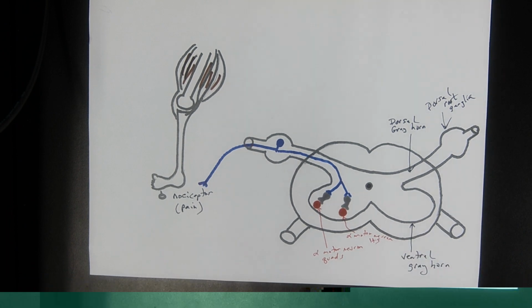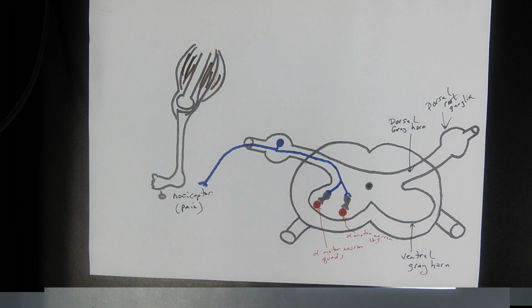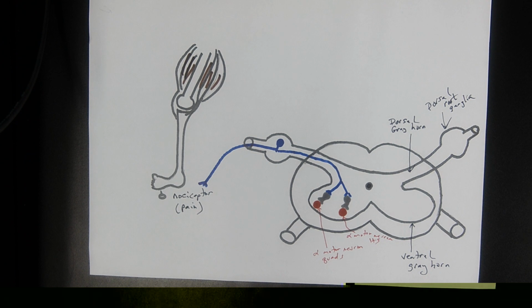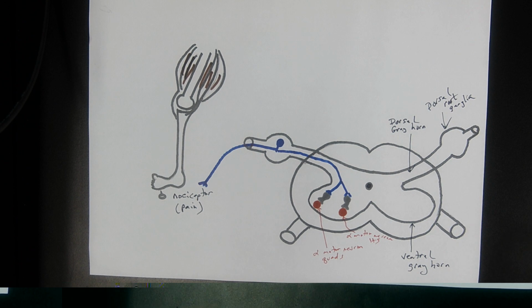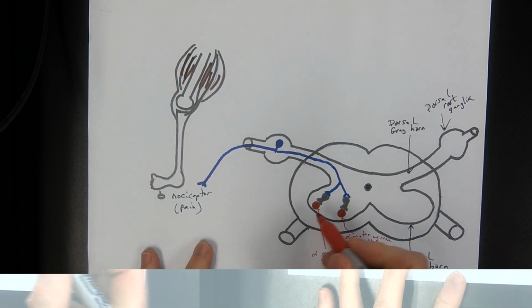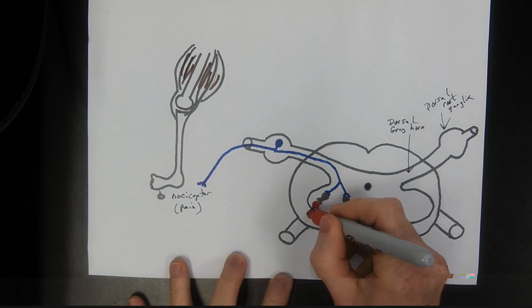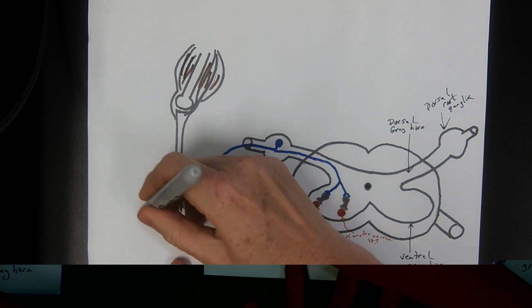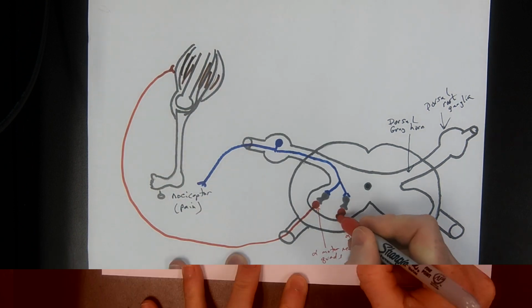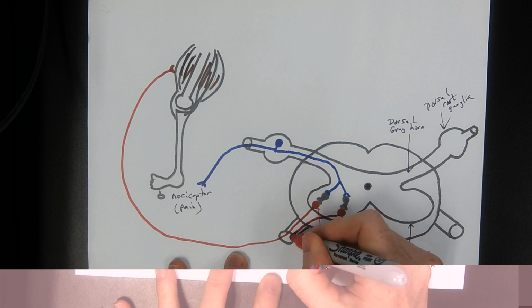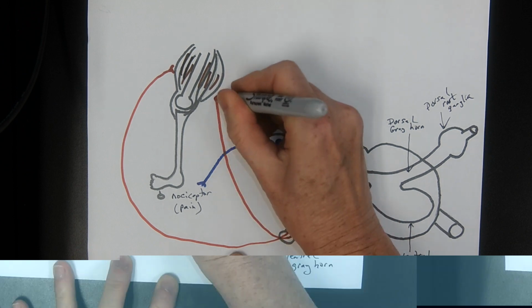I'm pretty sure that's what I did before. The alpha motor neuron for the quads is going to come out and innervate the quads, and the alpha motor neuron for the hamstrings is going to come out the ventral root and innervate the hamstrings.